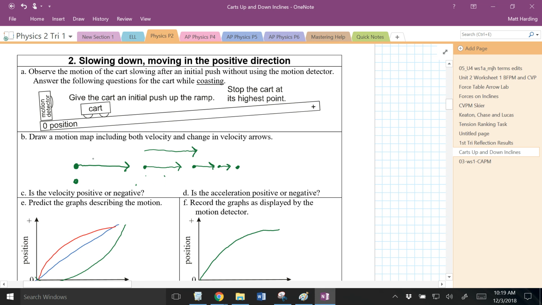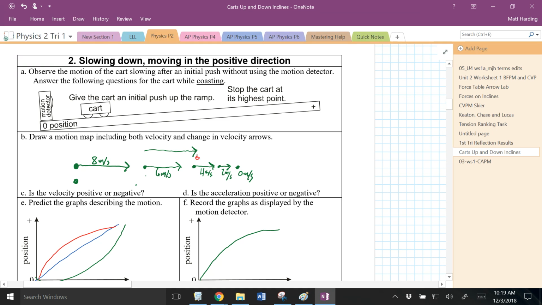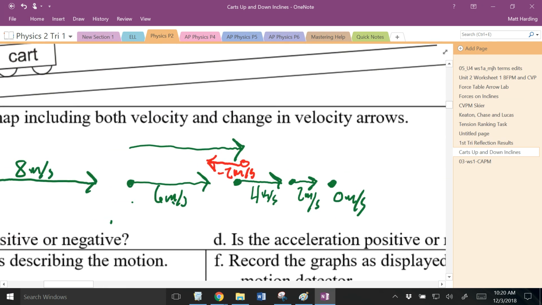Well, you can imagine if this is, let's say, 8 meters per second, this is 6 meters per second, this is 4 meters per second, 2 meters per second, and this last one is 0 meters per second. What am I going to add to 8 to get 6? That's going to be negative 2 meters per second.